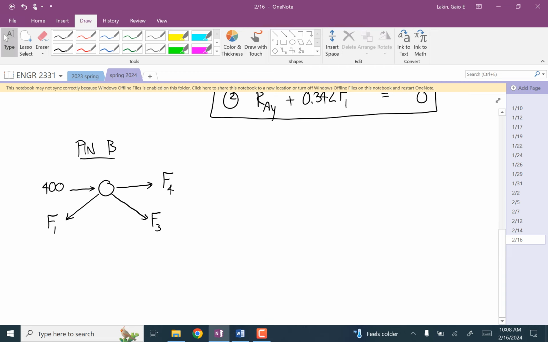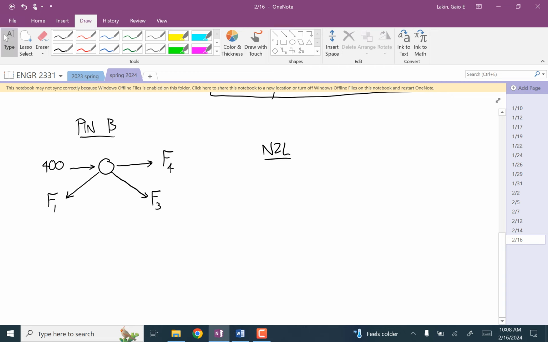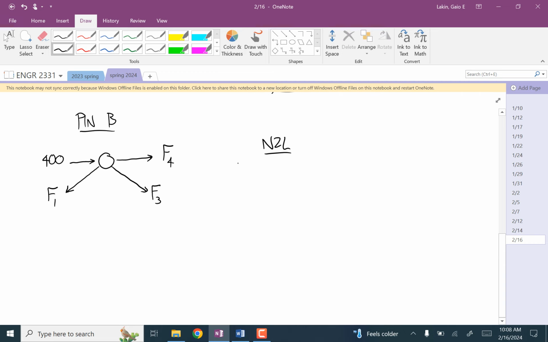So now Newton's second law, let's see. Horizontally, we have, it never hurts to just write these out as vectors and then rewrite them, but I'm going to just jump right to the equations to try to save a little time.